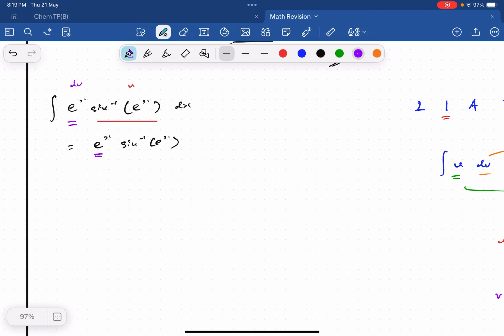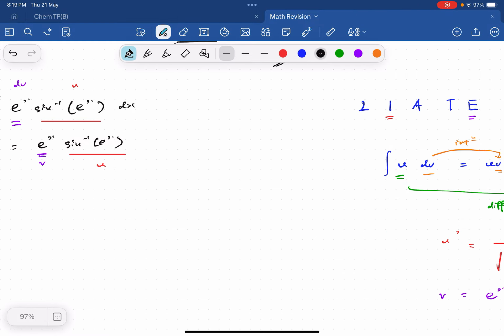So this is my v now, and this is u. So I have integrated v already, I've taken care of v. I haven't dealt with u yet, I haven't differentiated u. So please remember that this is a minus sign, please don't write it as plus, times e^x, which is my v. Now I'm going to take care of u.